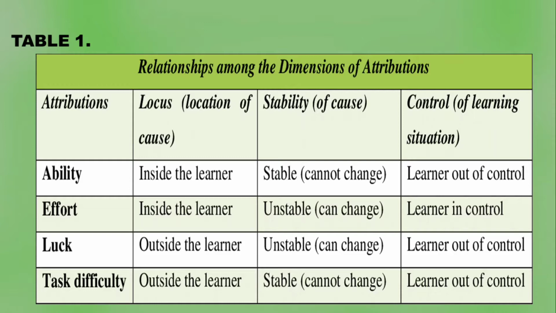Effort: inside the learner, unstable, can change, learner in control. Luck: outside the learner, unstable, can change, learner out of control. And task difficulty: outside the learner, stable, that cannot change, and learner out of control.